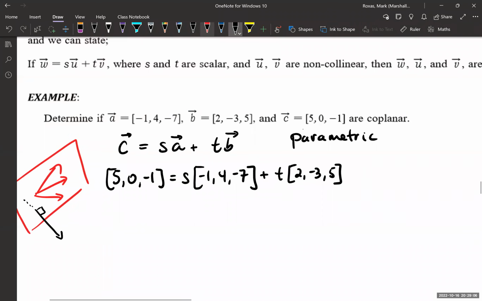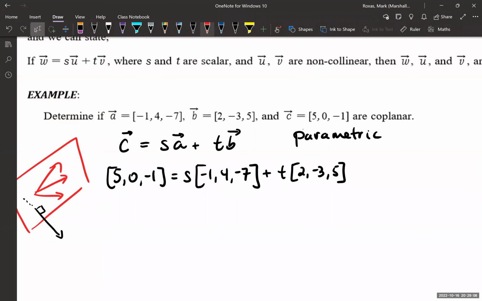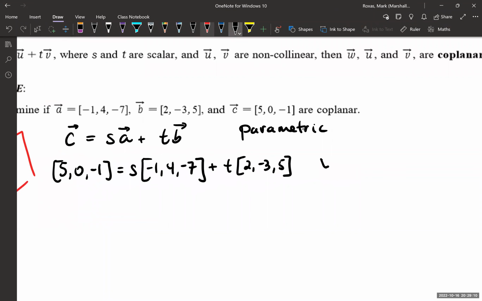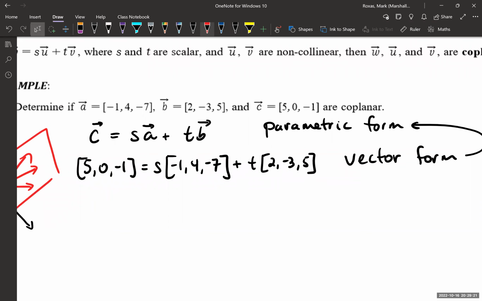What we see right now is our vector form. What I want is parametric form, which means I take each of the components, x, y, and z, and break them up into 3 equations, one representing the x, one the y, and one the z components.